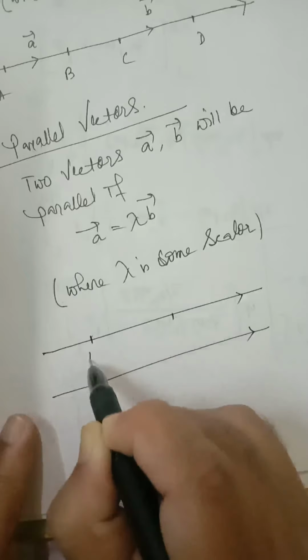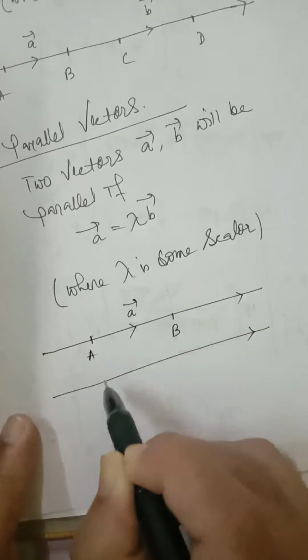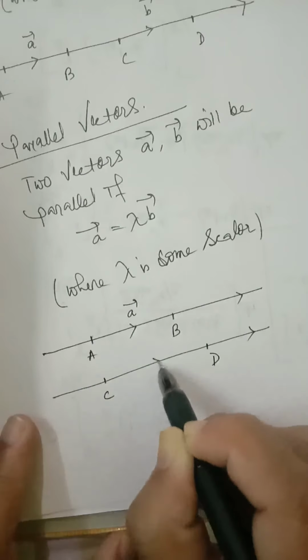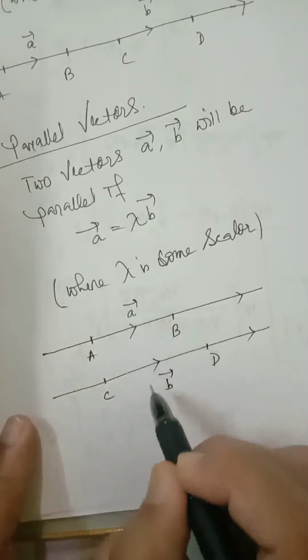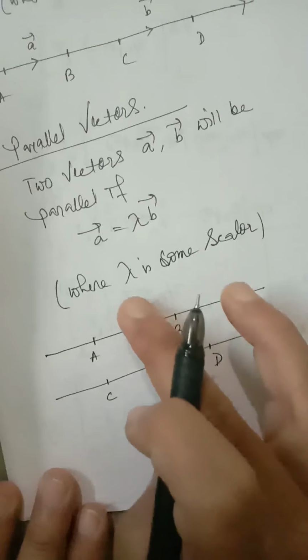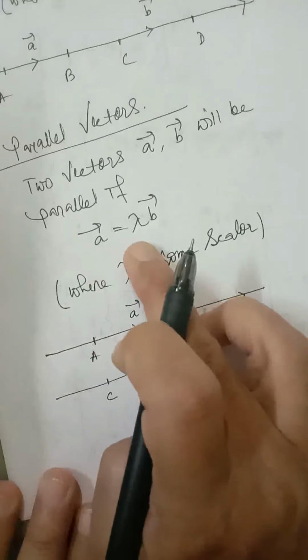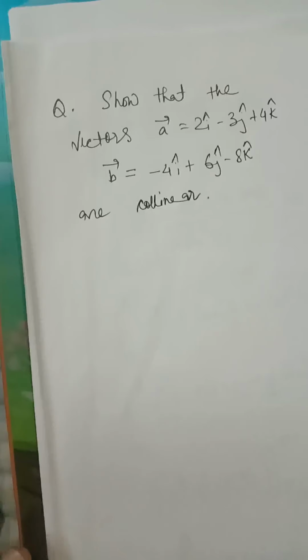Suppose AB equals A vector and suppose CD equals B vector. Now these two vectors A and B are parallel vectors, and mathematically if A vector and B vector are parallel, then A vector will be equal to some constant into B vector, A vector equals lambda into B vector.